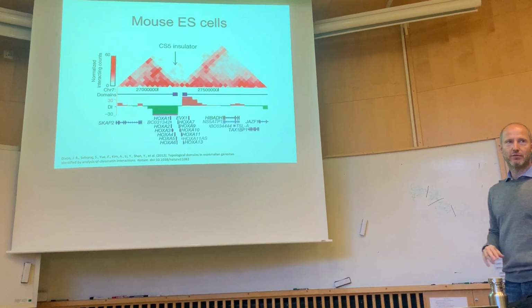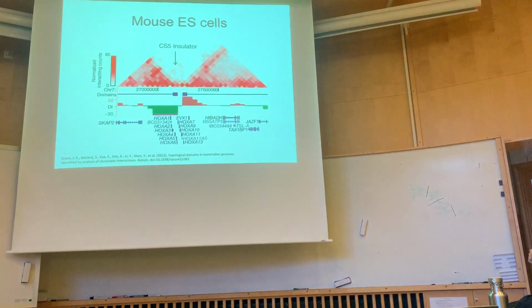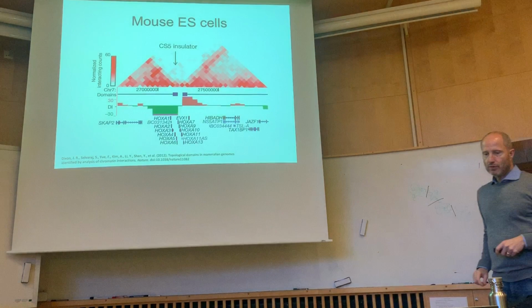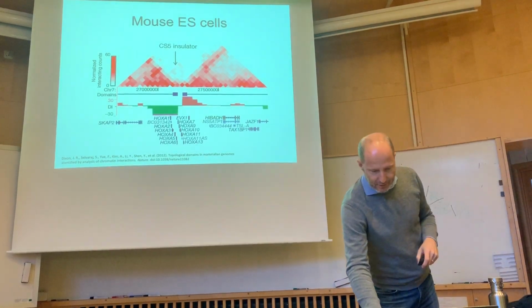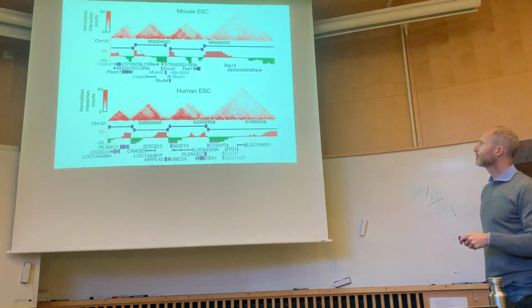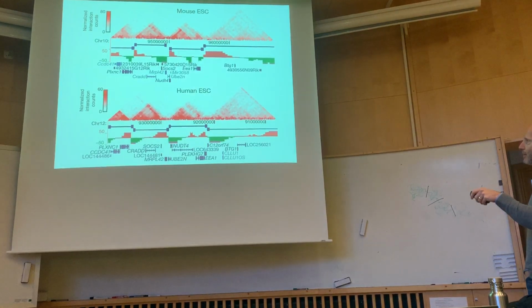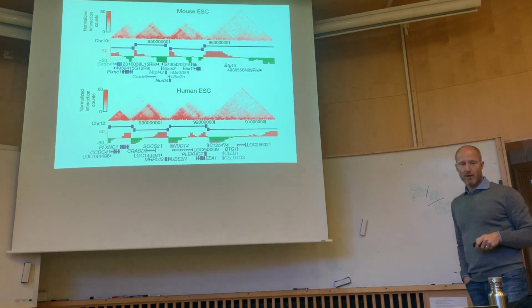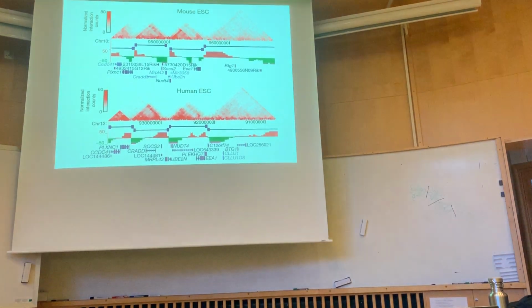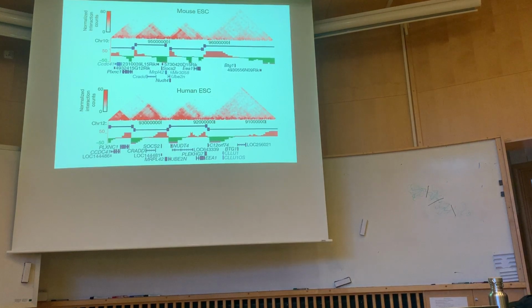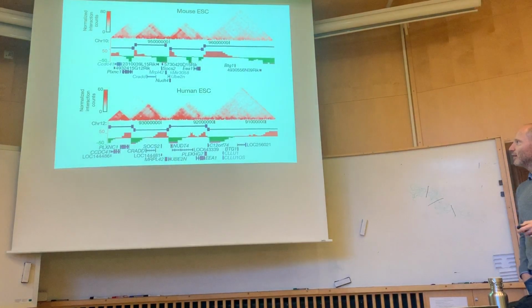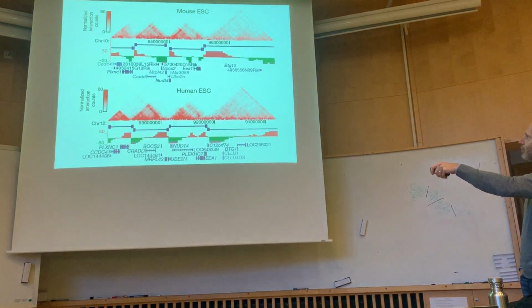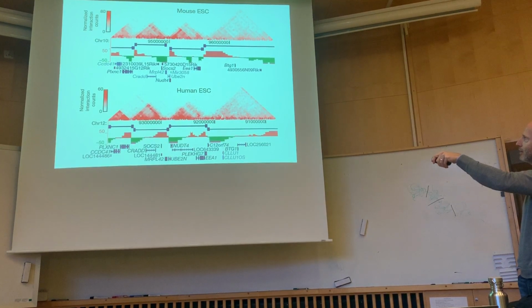Maybe you knew that already, but I think that's a very important point. And now, that is specifically relevant for the enhancer interactions, because this window here, how large is this domain?